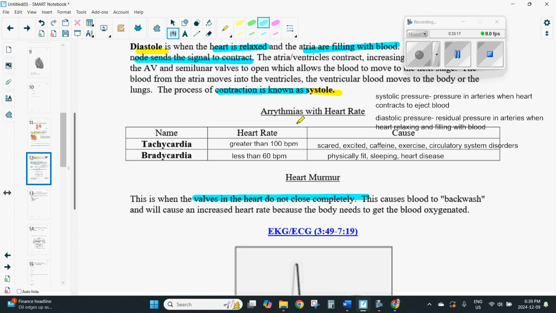So your body will naturally increase the heart rate in order to, and I'm using air quotes here, fix the fact that you have some backwash. The blood going to the cells of your body is going to be less oxygenated than normal, so your heart has to work harder to get the same amount of oxygen as in a healthy body.